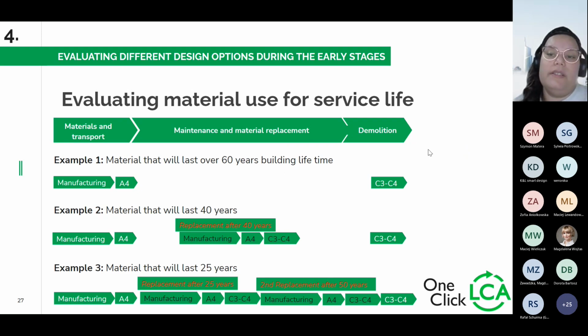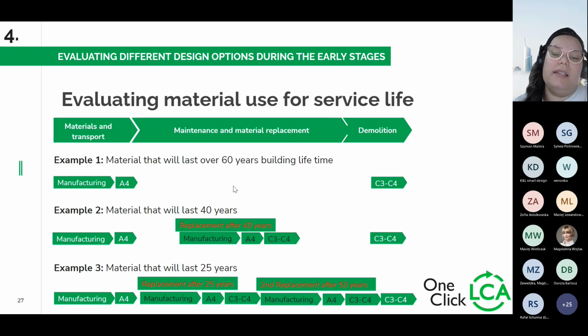When it comes to the service life, and this is what I said I would be mentioning as well, we need to think of materials that will last as long as possible. And why is this? Because as we saw in the life cycle stages, we have at first the manufacturing stage, the A1, and all products will be considered the manufacturing stage.